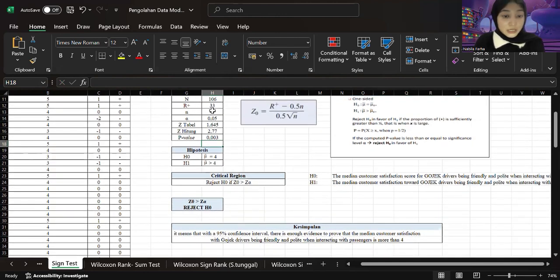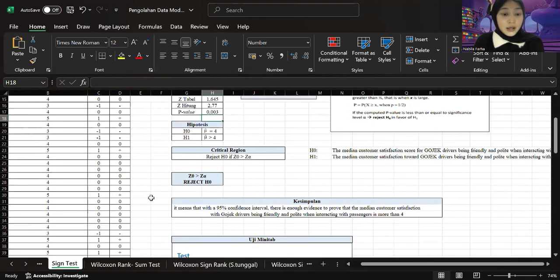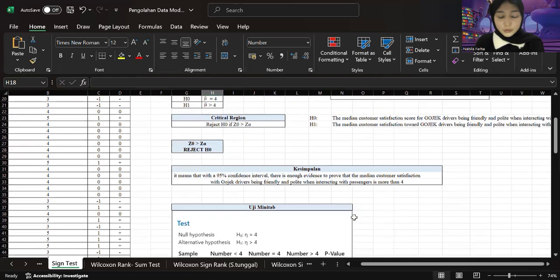Based on this calculation, we got that z null is greater than z alpha, so we reject the null hypothesis. It means that with a 95% confidence level, there is enough evidence to prove that the median customer satisfaction with Gojek drivers being friendly and polite when interacting with passengers is more than 4.